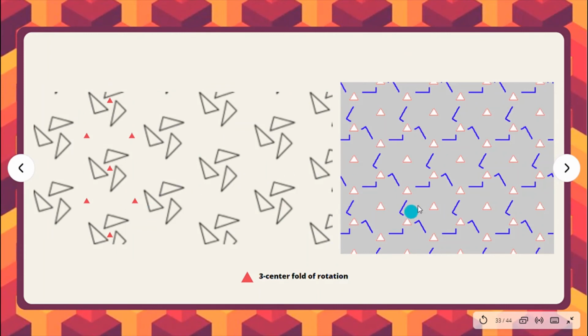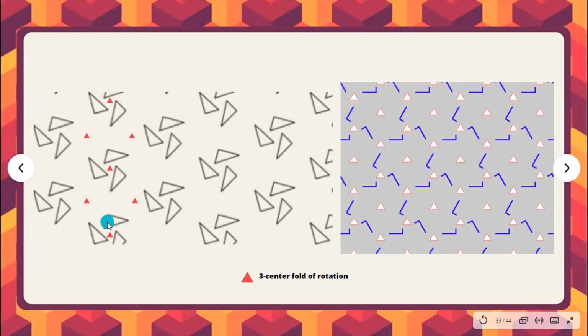Here we have a new symbol, a triangle. Since this is a three-centerfold form of rotation, we have the fixed point here, since these three triangles are rotating around it. For these fixed points here, we can see triangle 1, triangle 2, and triangle 3.